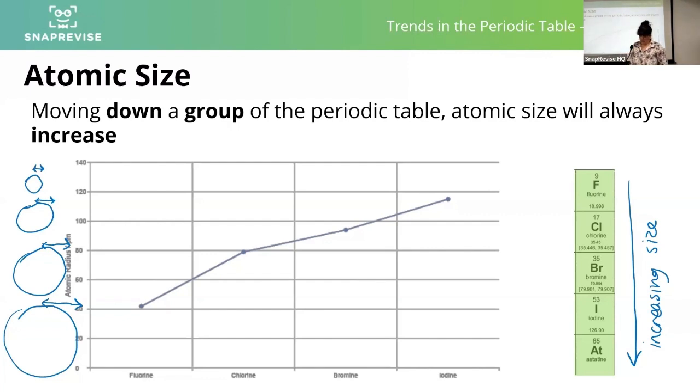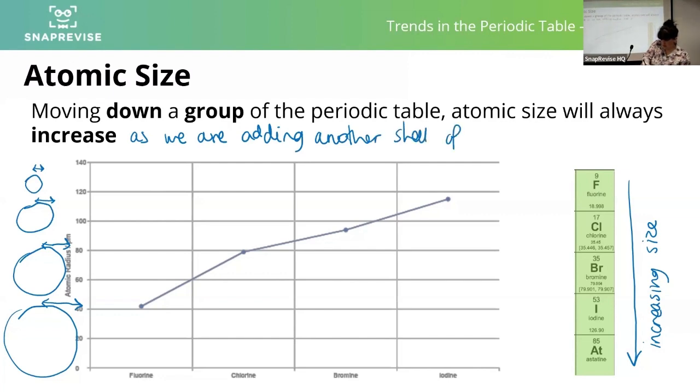What else did I want to say? Oh yes, so why is it increasing in size? It's increasing in size because as you go down a period, one of the links to the periodic table is every period, so 2, 3, 4, 5, etc., you are adding a shell of electrons. So moving down a group of the periodic table, atomic size will always increase as we are adding another shell of electrons.